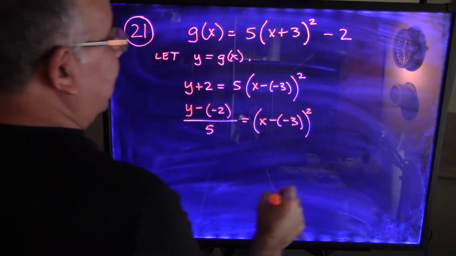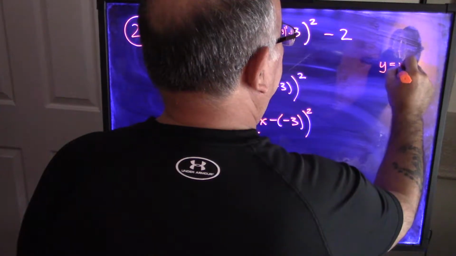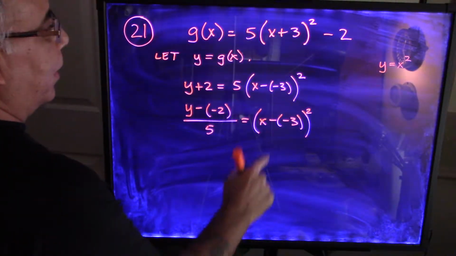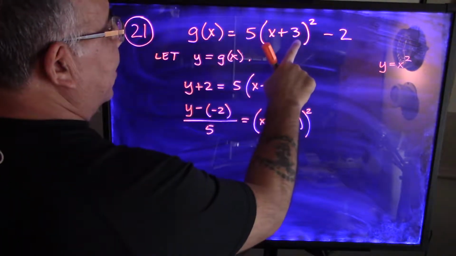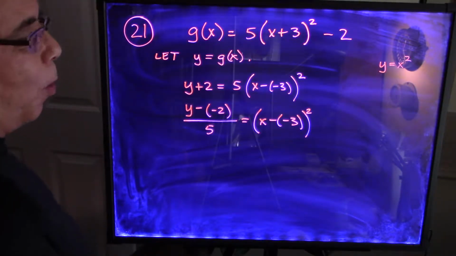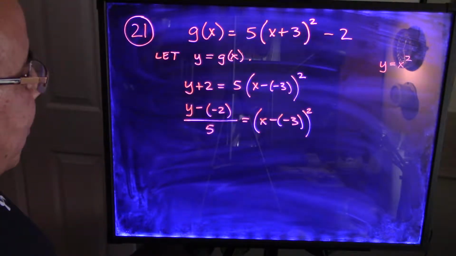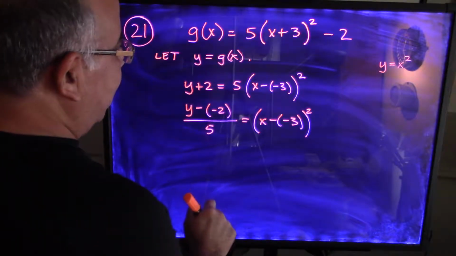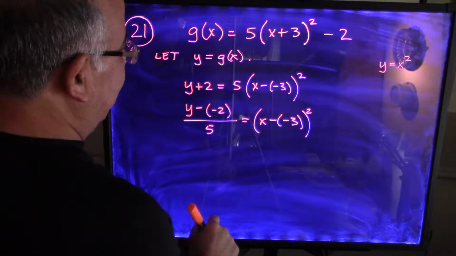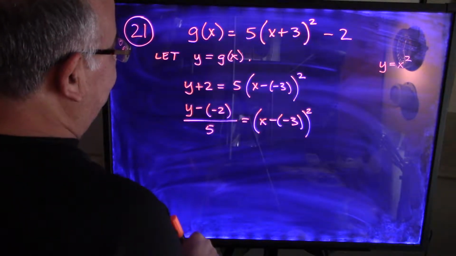Now the original function is y equals x squared. You can see that? And these constants transform y equals x squared. So what kind of transformations are we getting? Y equals x squared, of course, is a parabola which opens upwards. It still opens upwards because that's a positive 5.